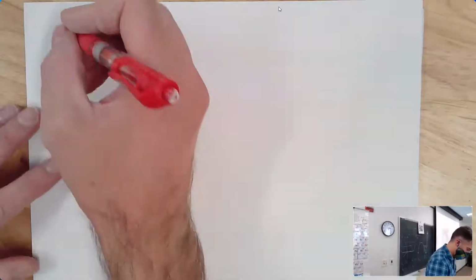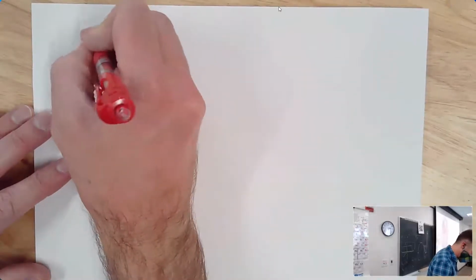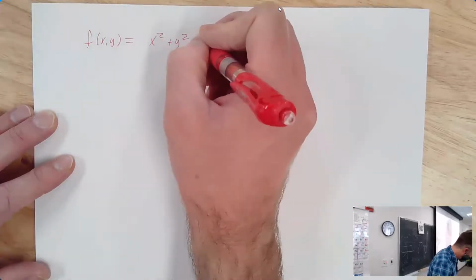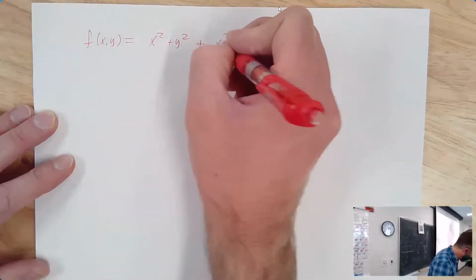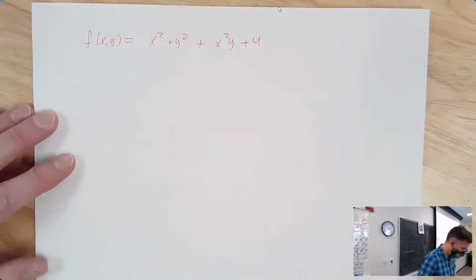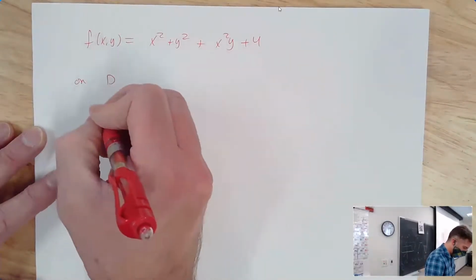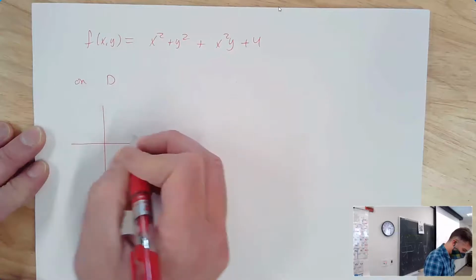Okay, let's look back at our example. Our function f(x, y) is x squared plus y squared plus x squared y plus 4. And we're on the region, and I really think it's worthwhile to draw it.